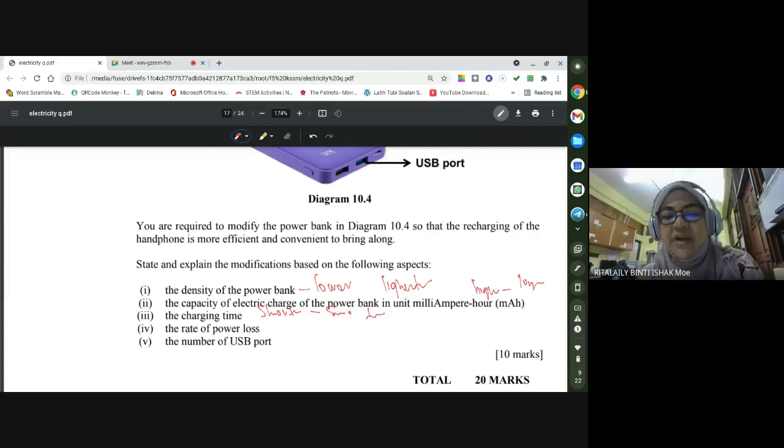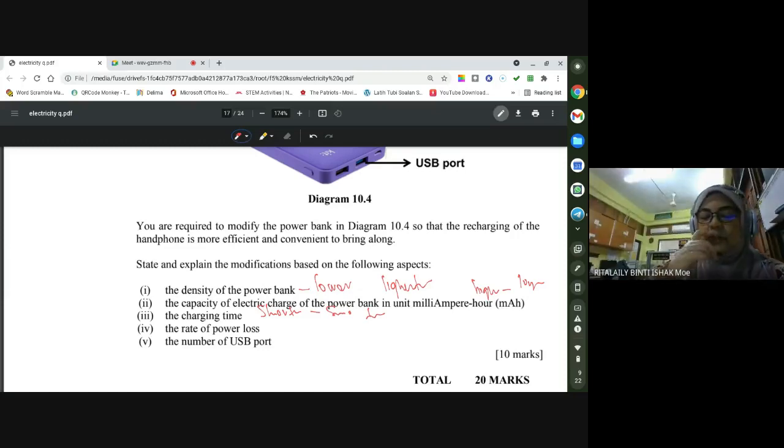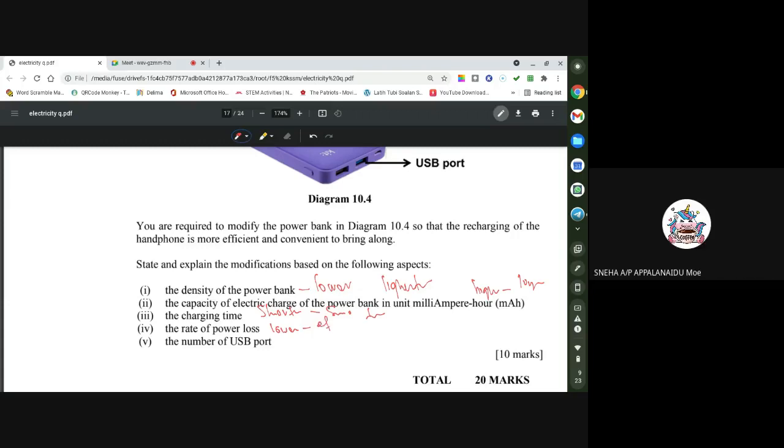And then as for the rate of power loss, lower is able to save more energy. Okay, so we need a lower power loss so that it's more efficient and able to save more energy. And number of USB ports, higher number is able to recharge more devices at once.